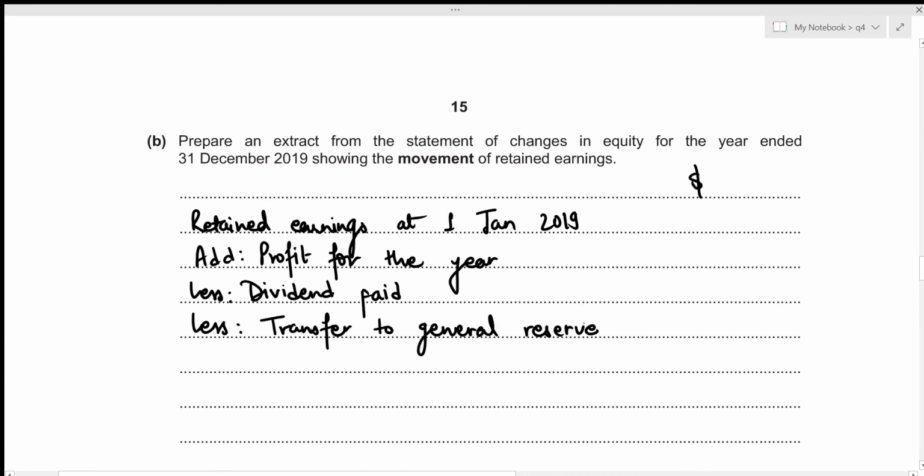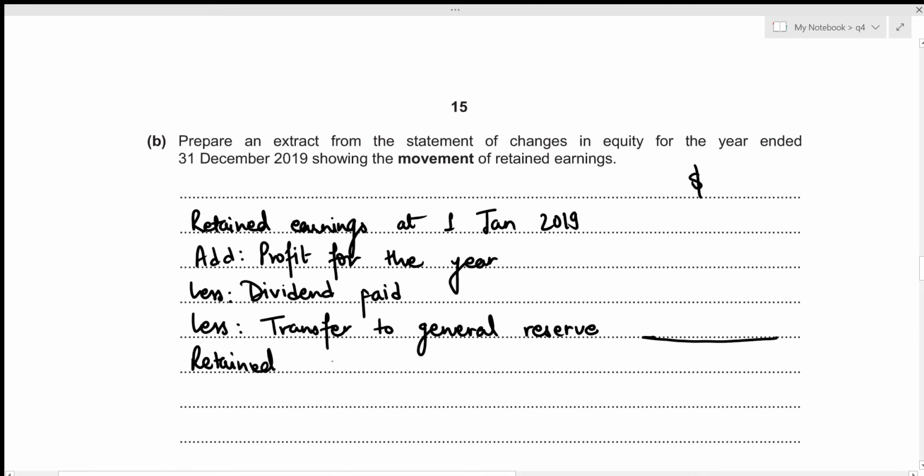And this is subtracted because we are putting a part of our profit into the general reserve from the retained earnings section, which means that the balance on the retained earnings section will be reduced. So these are all the transactions. Now we can figure out the closing balance.